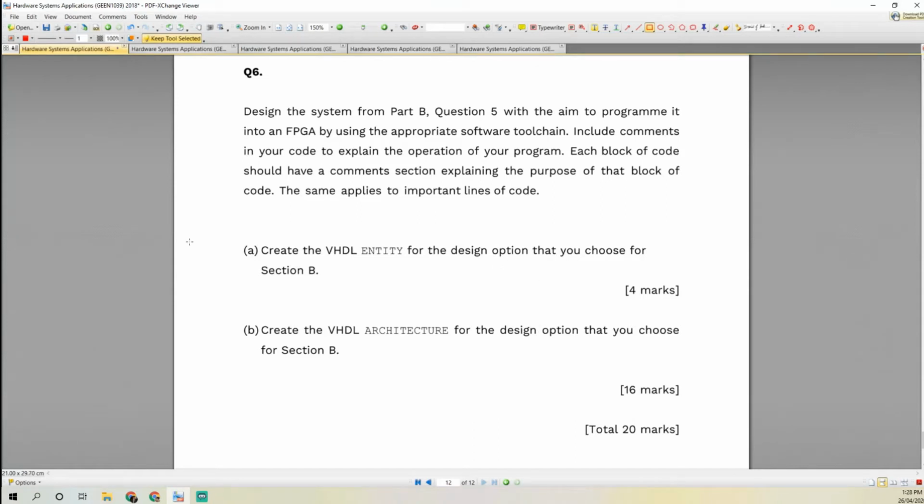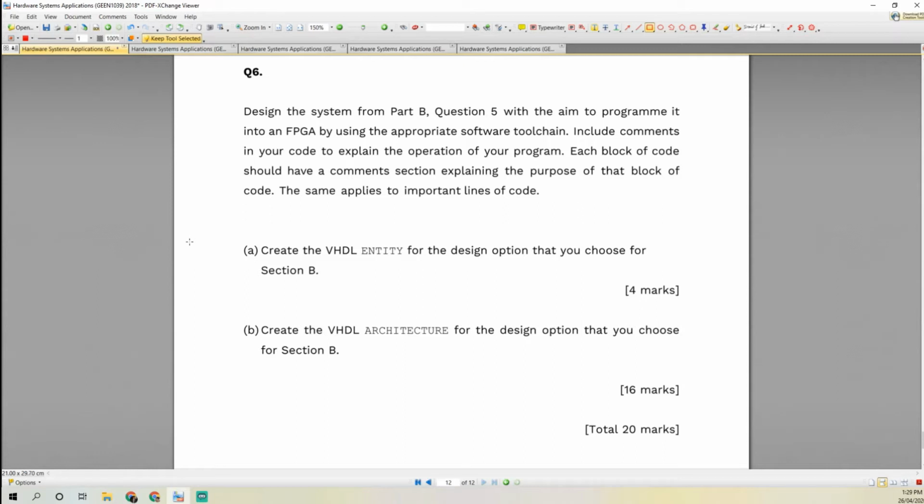Now, for the purpose of the online exam for the 2020 examination, we would not be needing to write this code in Quartus. We would actually have to write this on paper.